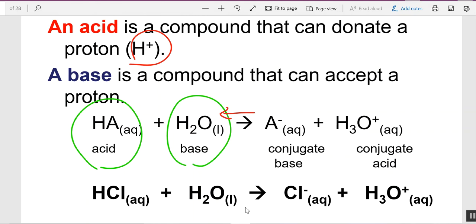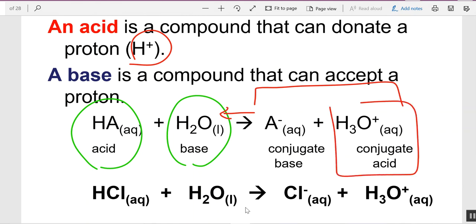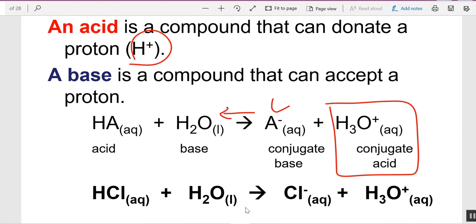If it does go backward, we have to focus on these two here. This hydronium ion will act as an acid, because in order to go backwards, it has to donate a proton to the anion, this A minus. So what we're saying is the relationship between acid and conjugate base, and base and conjugate acid.